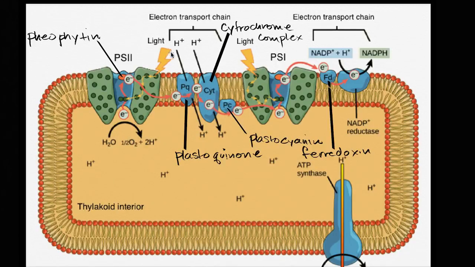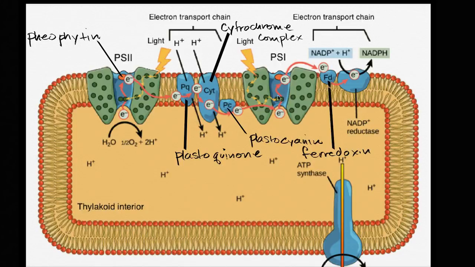And as it's doing it, you see the hydrogen ions being transferred from the outside of the thylakoid to the inside of the thylakoid, which is exactly what we've been talking about. And then as we go to photosystem 1, well, that electron can be transferred from the plastocyanin to the chlorophyll pair, the P700 chlorophyll.